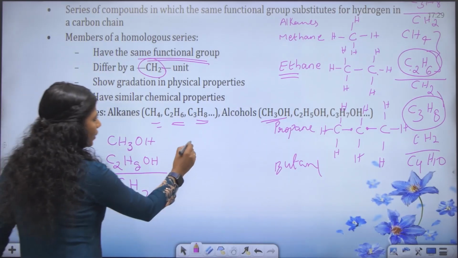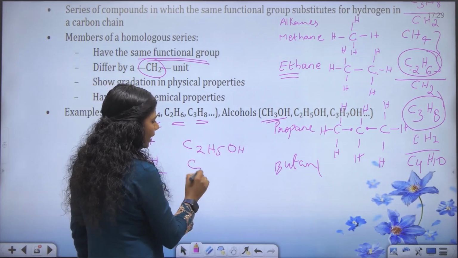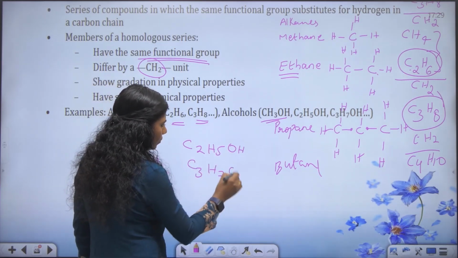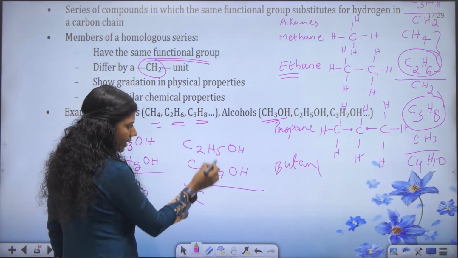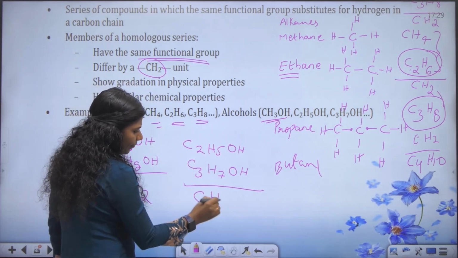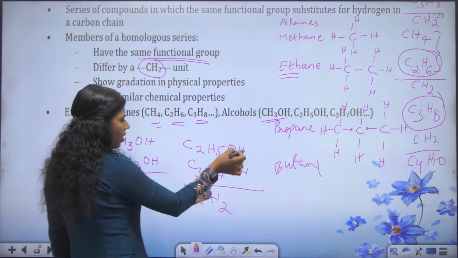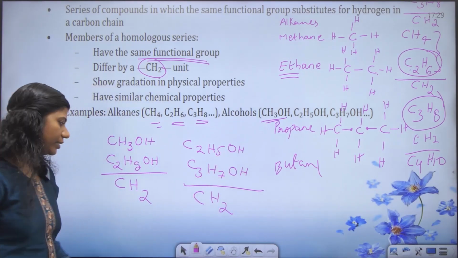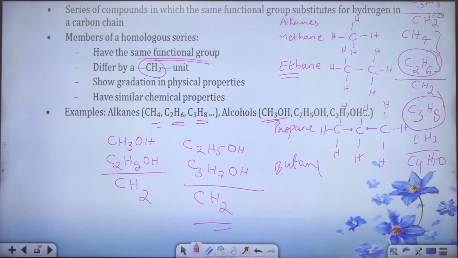And C2H5OH and C3H7OH: the carbon difference is only one, hydrogen difference 2, oxygen difference 0. The total difference is a CH2 unit. Okay.